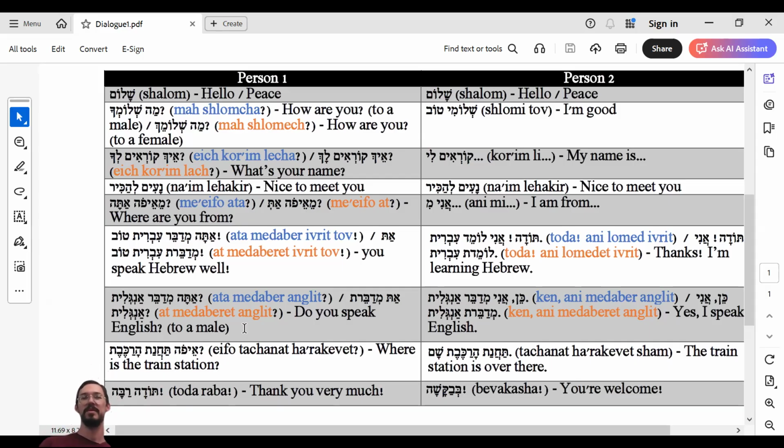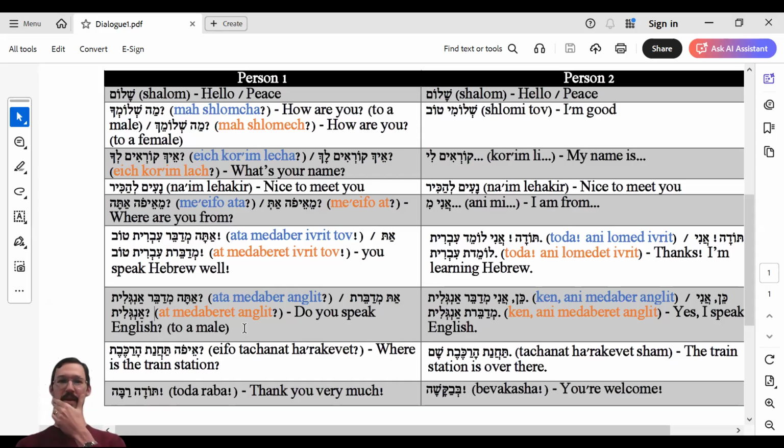שלום, שלום, מה שלומך? שלומי טוב, תודה. איך קוראים לך? קוראים לי ג'ון. נעים להכיר. נעים להכיר. מאיפה אתה? אני ממלזיה. אתה מדבר עברית טוב. תודה, אני לומד עברית עכשיו. אתה מדבר אנגלית? כן, אני מדבר אנגלית. איפה תחנת הרכבת?